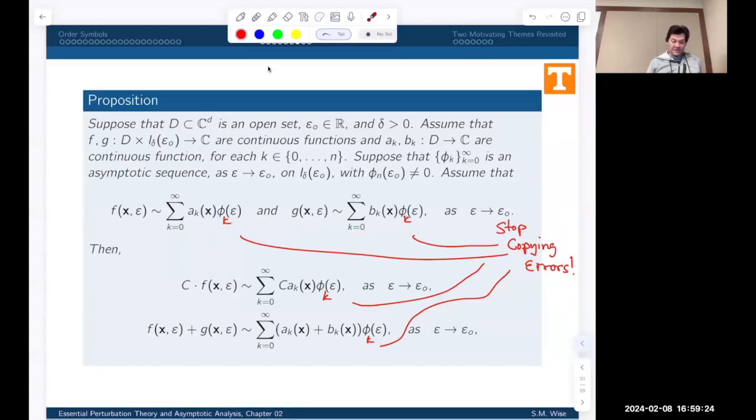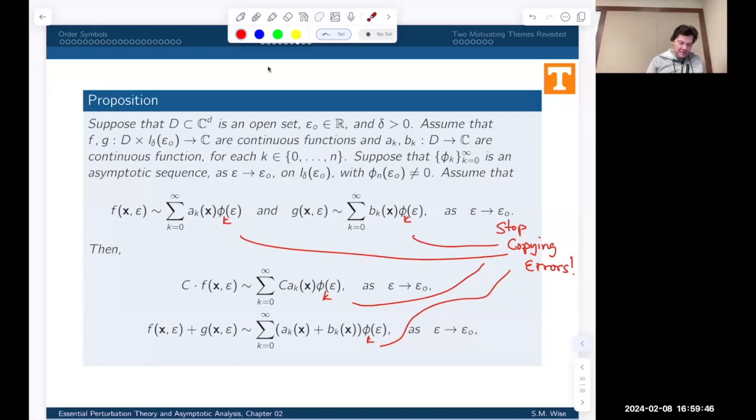The only difference is that the coefficients are generally different for each one. We now know that those coefficients are uniquely determined through those limits we had previously. So once we have an asymptotic expansion, the only coefficients you can have are the coefficients you use.